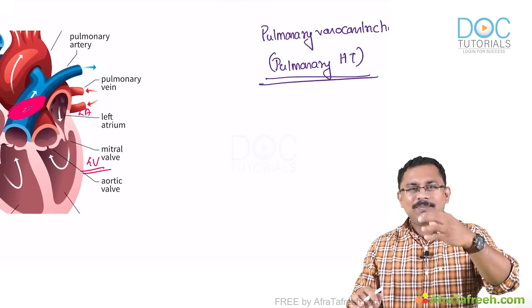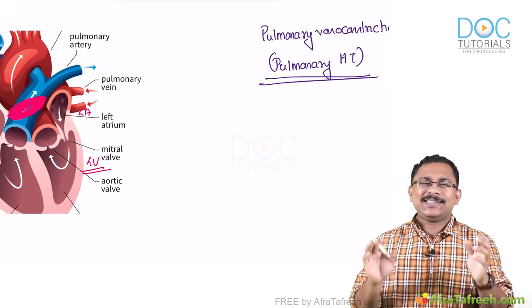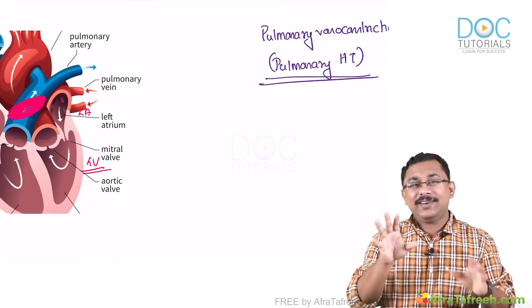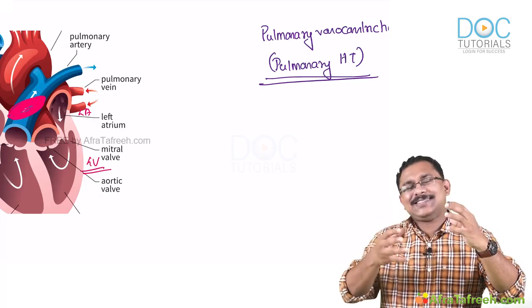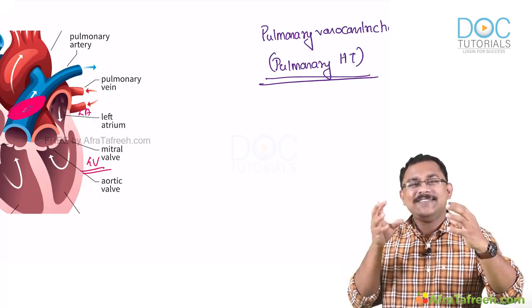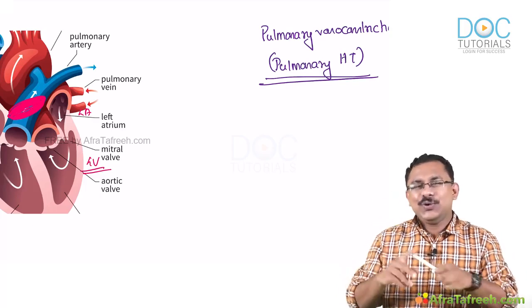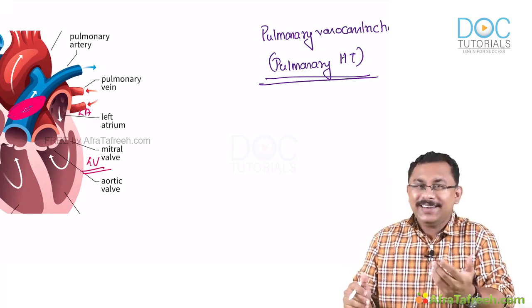So when there is a pulmonary vasoconstriction, just think of the plight of the right ventricle. This right ventricle has to pump against this obstruction as well as the vasoconstriction. So do you think the right ventricle would find it easy?